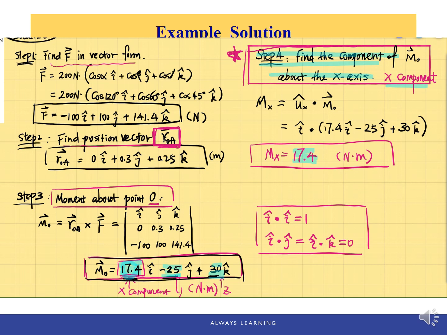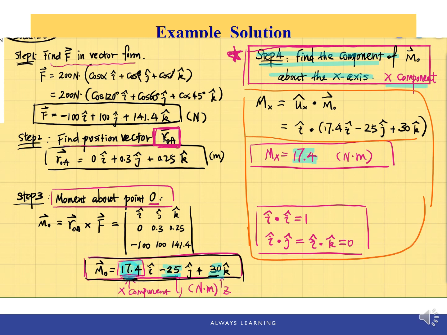So you don't have to perform the last step, the dot product step. So this step can be omitted. But if we're given an arbitrary direction, where the AA axis is not x or y or z, then the dot product is necessary.